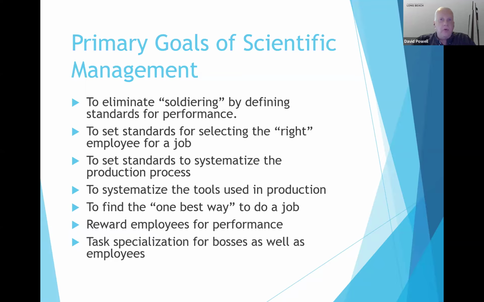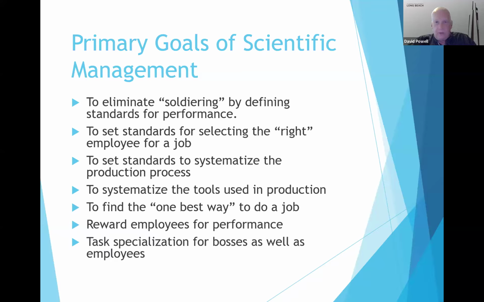When Taylor looked at organizations, he felt that there was a lot of what he referred to as soldiering going on in our organizations. And he was using soldiering as a pejorative term. When he used the term soldiering, he was looking at individual employees who were just doing the bare minimum to get by. So they weren't going to try and work harder.